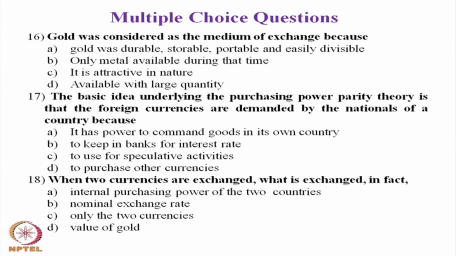The choices for you are A. internal purchasing power of the two countries, B. nominal exchange rate, C. only the two currencies, D. value of gold. Mark the answer, keep it with you.